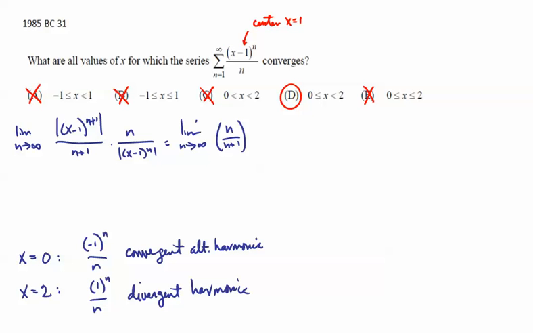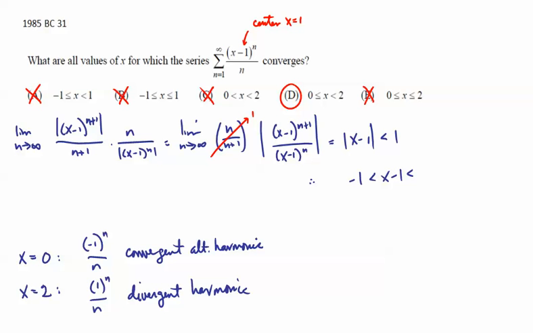We know that that limit as n approaches infinity is 1. Then we would have absolute value of x minus 1 to the n plus 1 over x minus 1 to the nth, and that would leave us with just absolute value of x minus 1 has to be less than 1, so therefore x minus 1 has got to be greater than negative 1, less than 1.